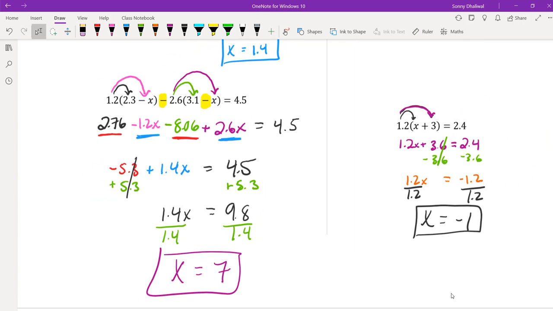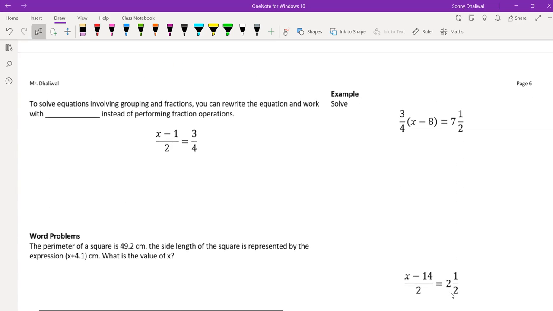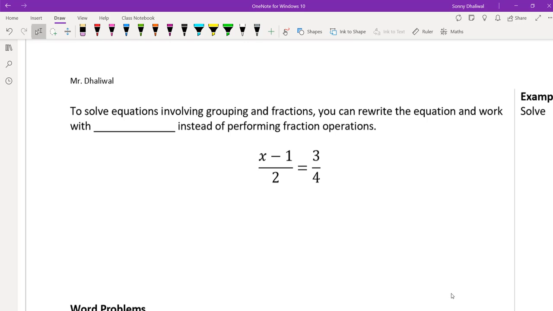if you have multiple terms on the same side of the equation, look to see if some of them can be added or subtracted together. Now, yesterday we worked with fractions, and we said, hey, if we have fractions, we're going to avoid them by turning everything into integers.